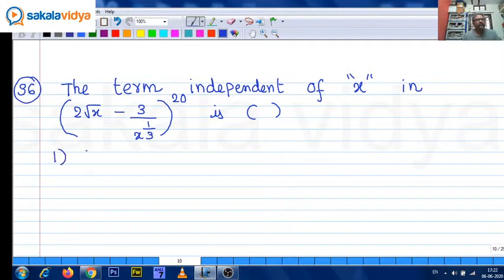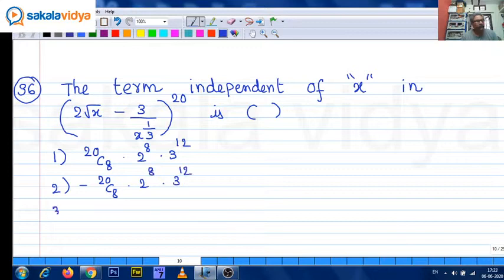First option 20c8 multiplied 2 power 8 multiplied 3 power 12. Second option minus 20c8 2 power 8 3 power 12. Third option 20c7 2 power 7 3 power 13.